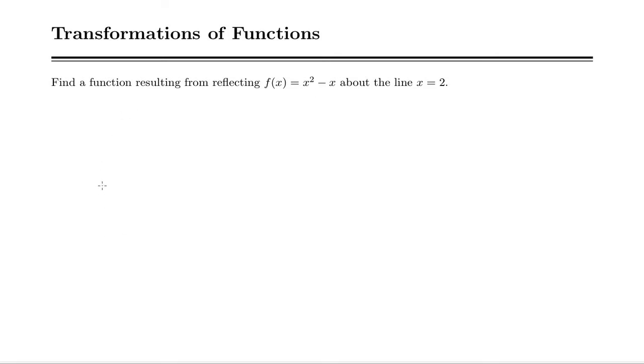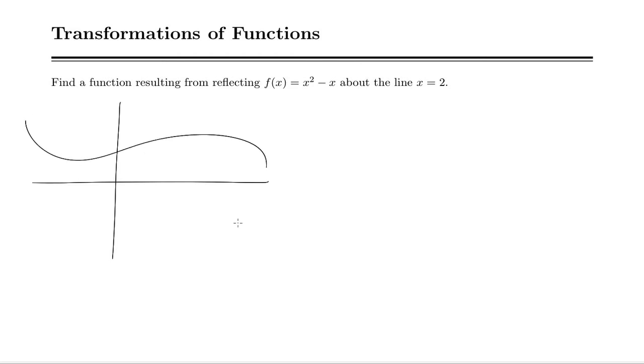So we'll just take a random function, and let's say we want to reflect that across the line x equals 2. What we're going to first do is shift our function to the left.